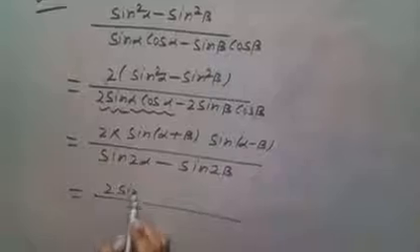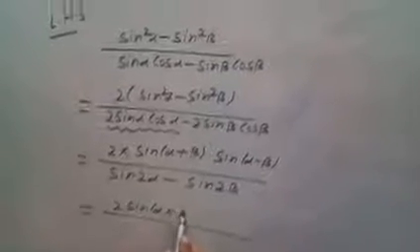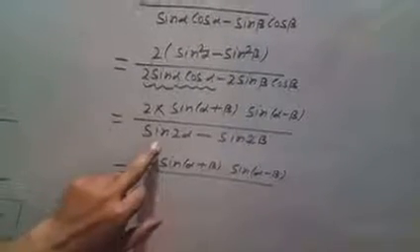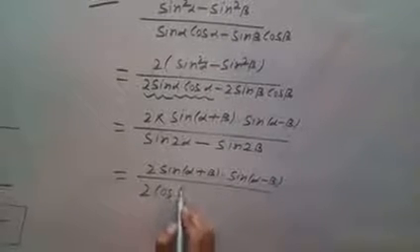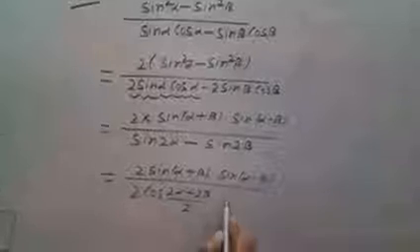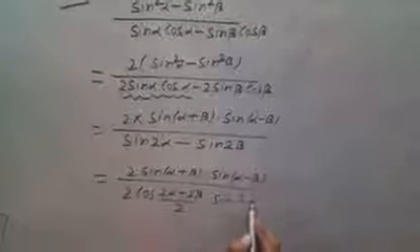So again we will write the numerator. Now here we have to apply the formula sin c minus sin d, that is 2 cos c plus d by 2 into sin c minus d by 2.